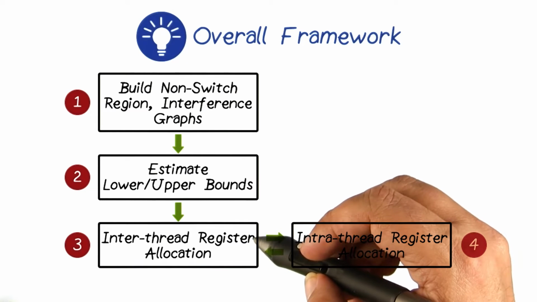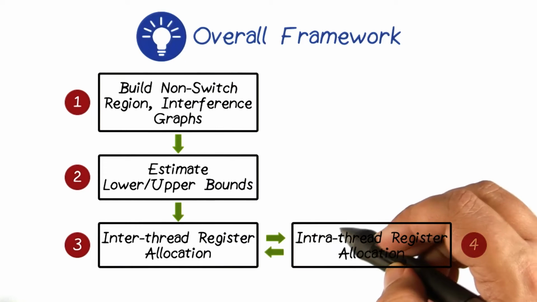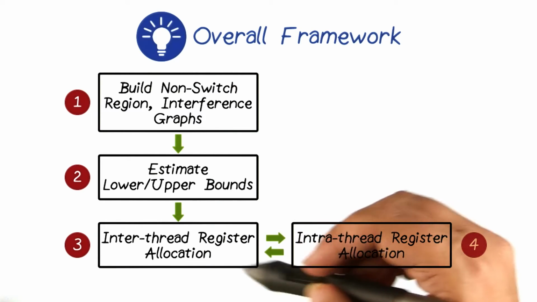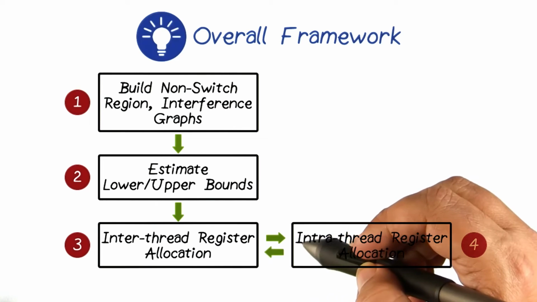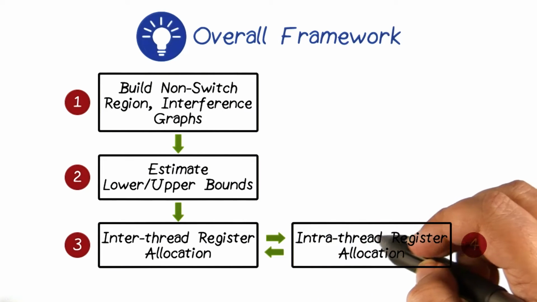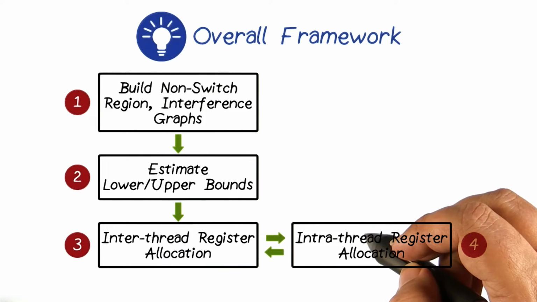Perform the inter-thread register allocation. Perform intra-thread register allocation based on these. In this particular loop, we keep trading private and shared registers, the number thereof that we use in allocation. And finally, we have a solution which guarantees that we are able to share a good bit of registers and we are able to minimize the number of spills.